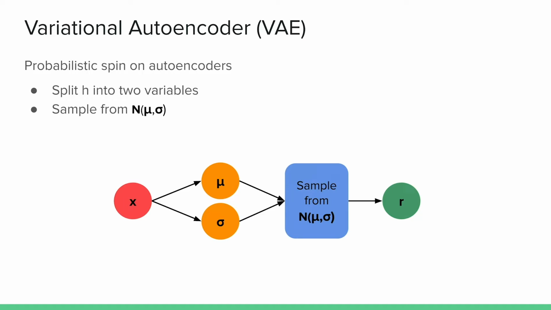We split our hidden values into a probability distribution, and that probability distribution has to be described by the center mu and the variation sigma. And if we're predicting that mu and sigma, we can sample from that probability distribution, and then we apply our reconstruction function.